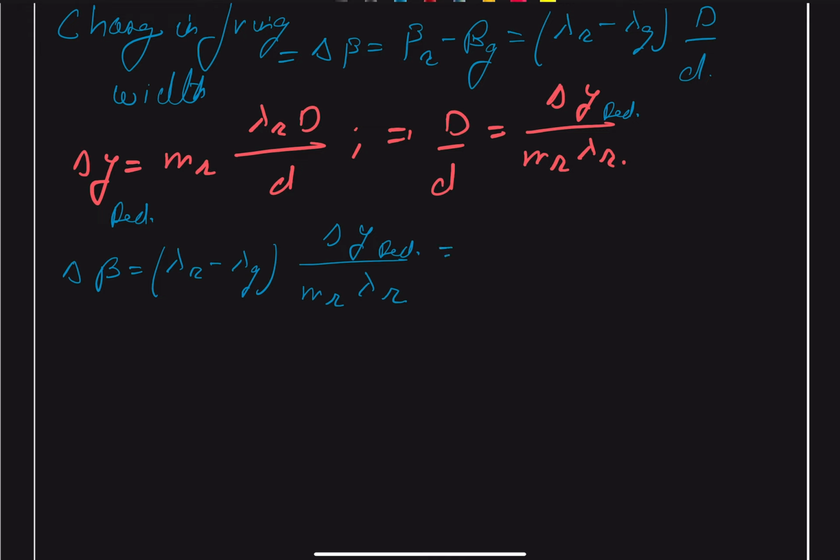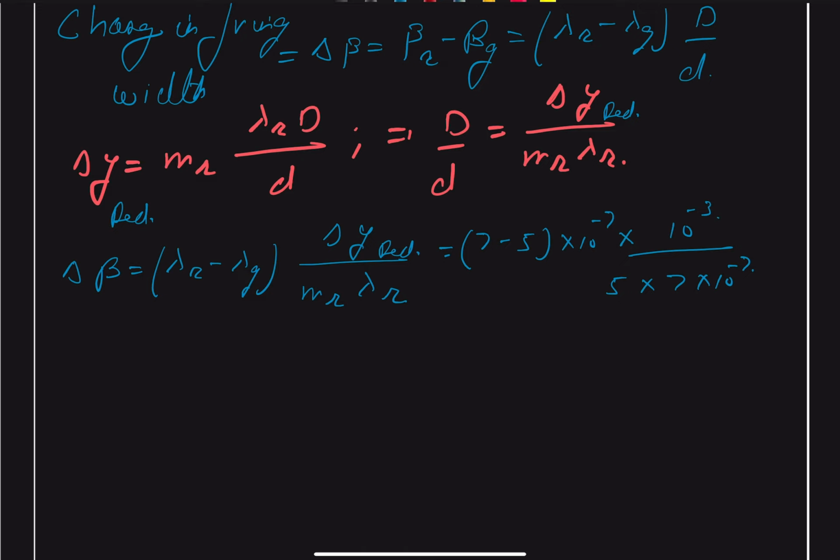So wavelengths are given to us, so we can write here 7 minus 5 into 10 to the power minus 7, and delta y in red is 10 to the power minus 3. This is divided by 5 into lambda red, which is 7 into 10 to the power minus 7.